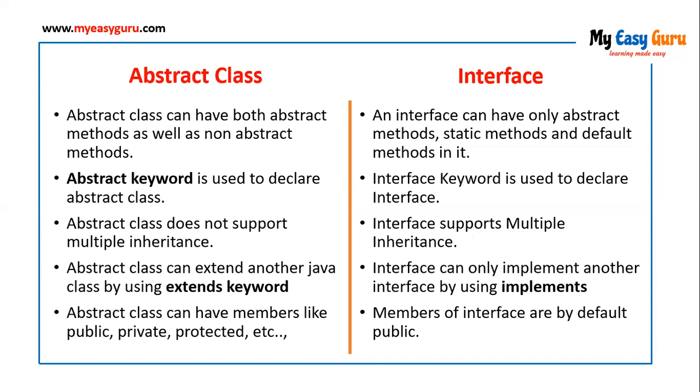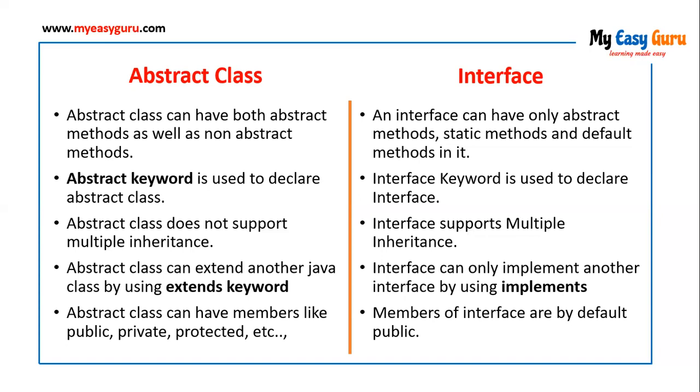The next difference is the abstract keyword is used to declare an abstract class, and the interface keyword is used to declare an interface. The next difference is abstract class does not support multiple inheritance, while interface supports multiple inheritance.